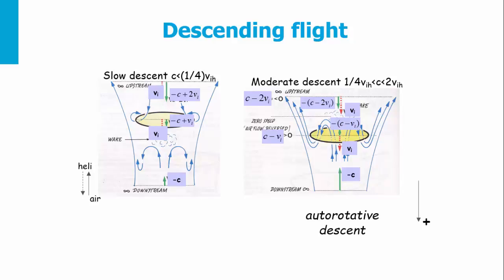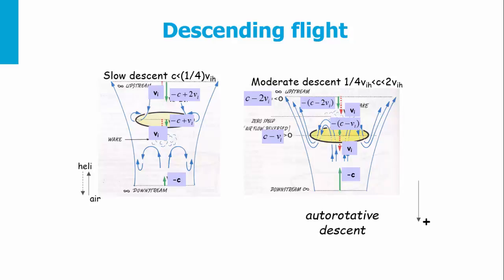If we understand this, we can start to study other descending flights. For example, a slow descent is usually defined when the rate of descent of the helicopter c is smaller than 1/4 of the induced velocity in hover. We have again minus c up in the rotor.